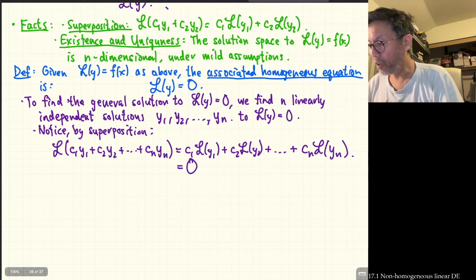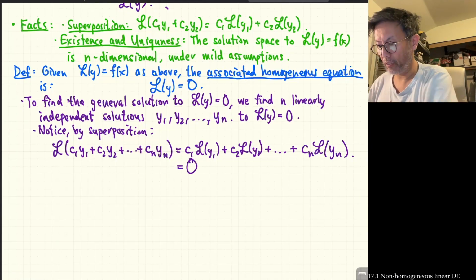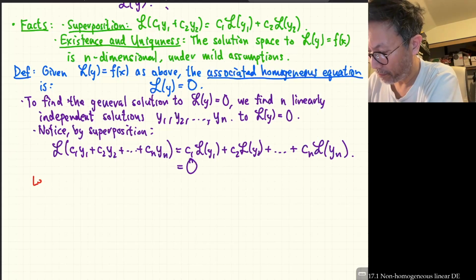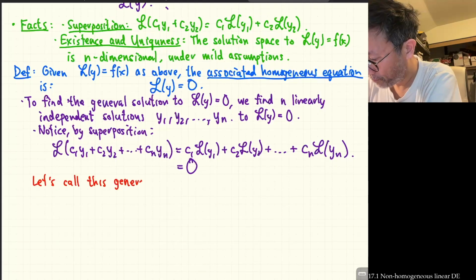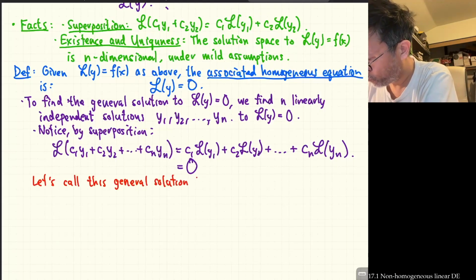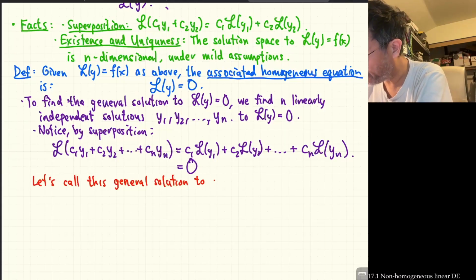Now, let's call this general solution to the associated homogeneous equation, to L of y equals 0, y sub h.